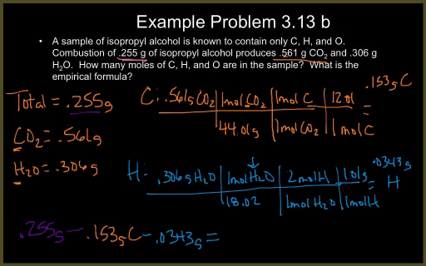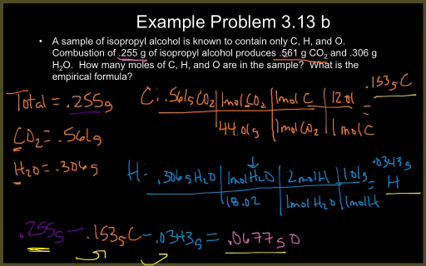So this gives me 0.0677 grams of O. So now I have what would have been the beginning of those other empirical formula problems. I now know that I have 0.153 grams of carbon, 0.0343 grams of hydrogen, 0.0677 grams of oxygen. And again, to get that oxygen, this was my total. I took my total, subtracted out the carbon, subtracted out the hydrogen, and then whatever was left is my oxygen.